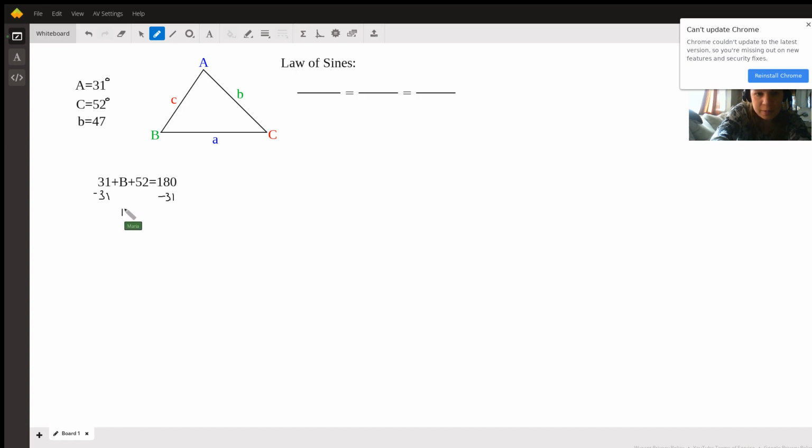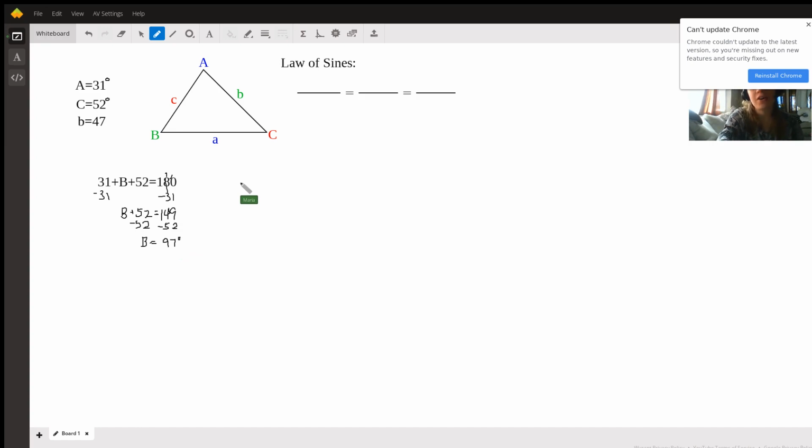So we get here B plus 52 equals 149, and then we subtract 52 from both sides. And so angle B's measure is 97 degrees.